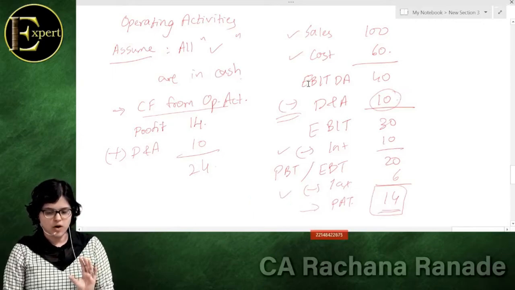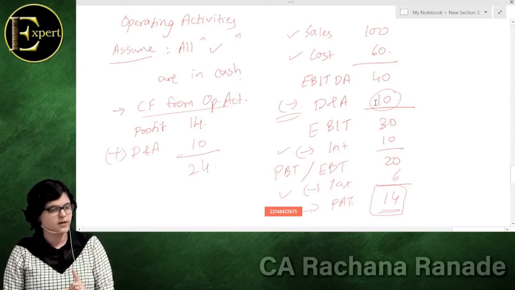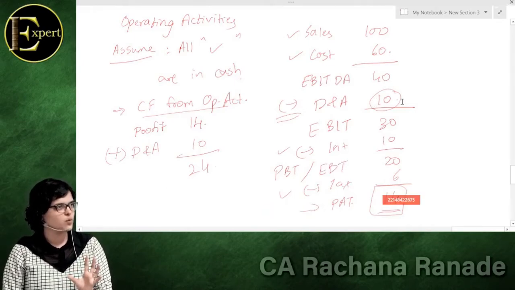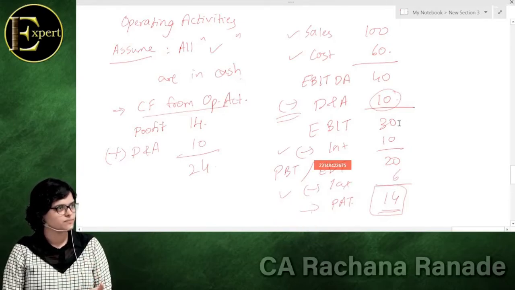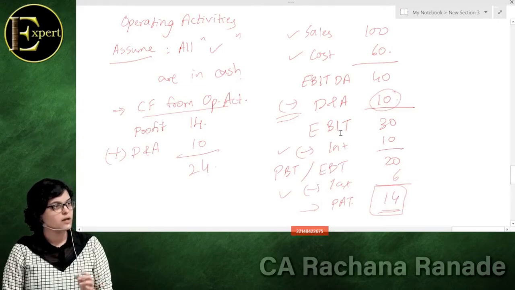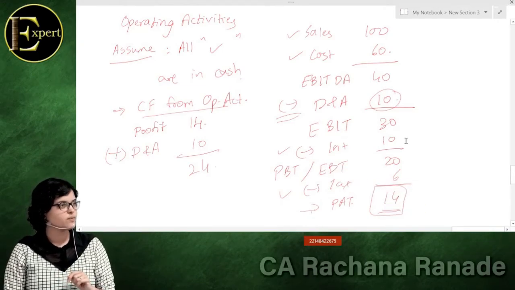Now from earnings before interest, tax, depreciation and amortization, what am I deducting? Depreciation and amortization. So I'm left with EBIT, that is 30. Earnings before interest and tax. Now what do I deduct from this? Interest.